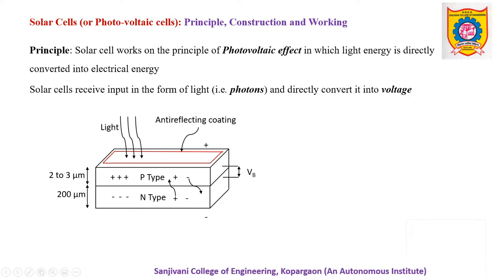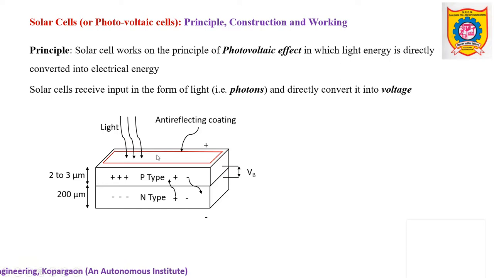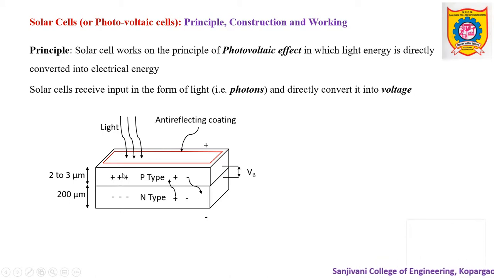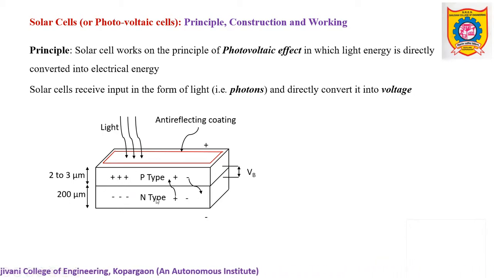Now the point to be remembered here is that initially, before absorption of light, the device was electrically neutral in nature. Though it is P type, which consists of a majority of holes, the net charge on the P surface is neutral, and the charge on the N type is again neutral when it is not activated by light.